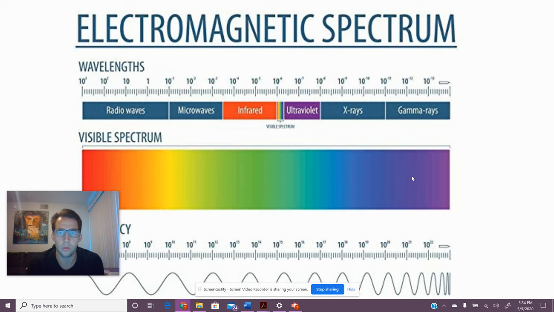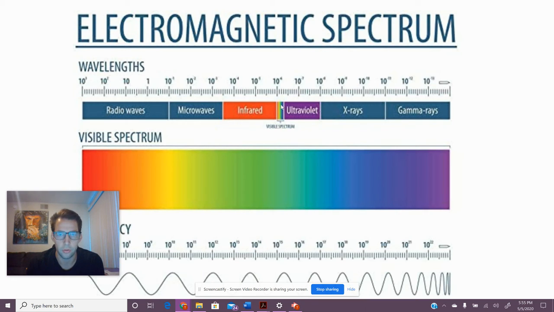So a higher frequency wave is going to show up as blue or violet, and a lower frequency wave is going to show up as red or orange. The lowest frequency waves are radio waves, and then it goes to microwaves, and then infrared. Notice that infrared is underneath or behind red, which is where it gets its name, infrared.